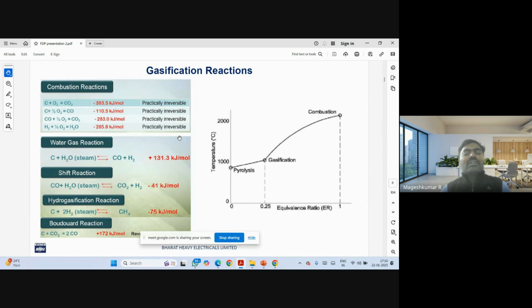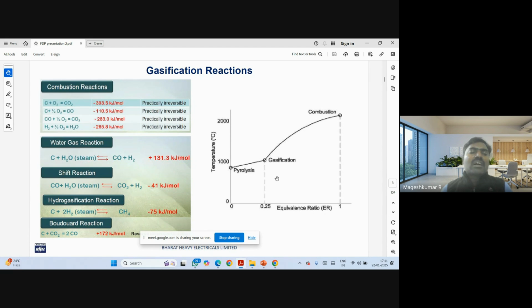After the char, it is further gasified at an equivalence ratio, that is the oxygen ratio, of 0.25. 0.25 times the carbon requirement of oxygen is supplied, and it is gasified.